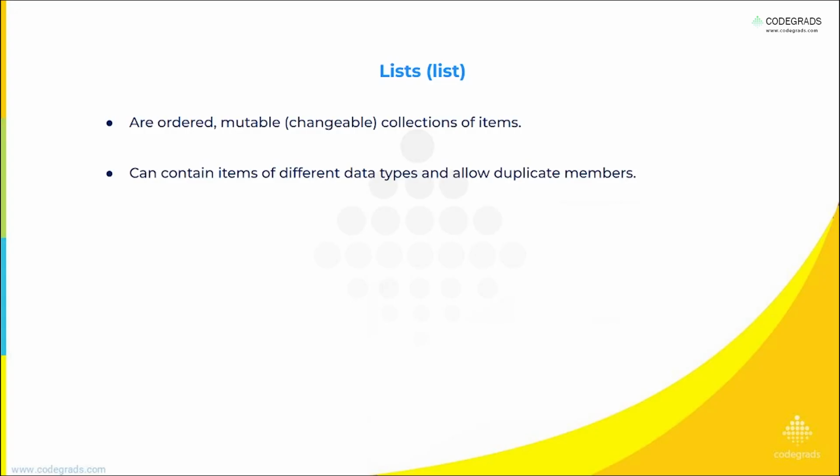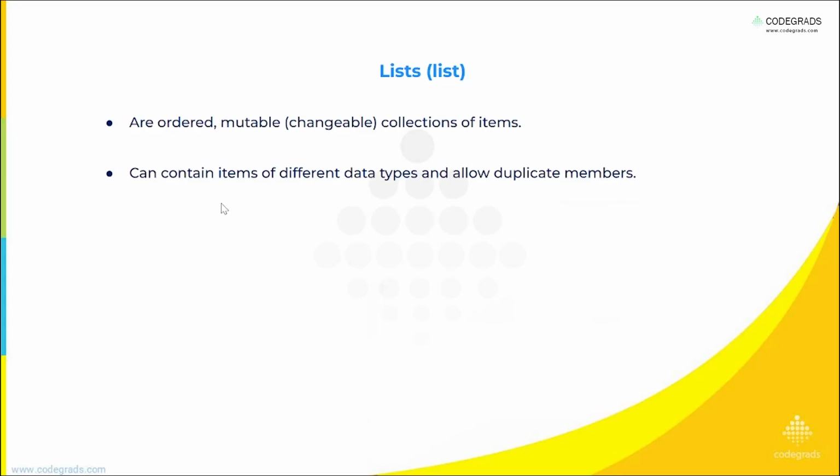I can have an integer value, string value, and float value in a single list. It is mutable, that is, we can add, update, and delete. I can add any element to my list, I can update any element, and I can also delete. So that is mutable, and it is ordered.